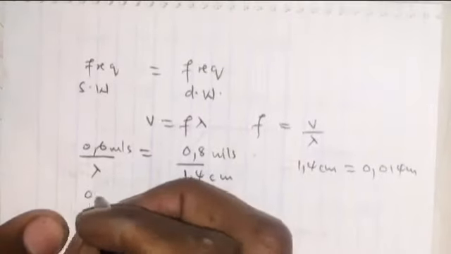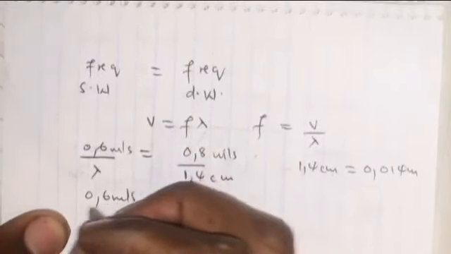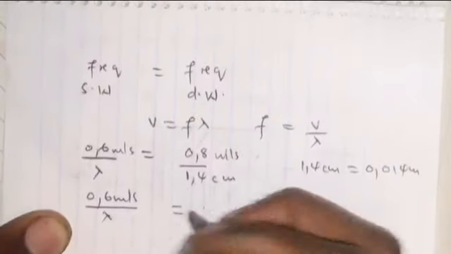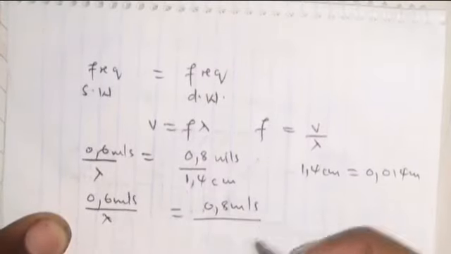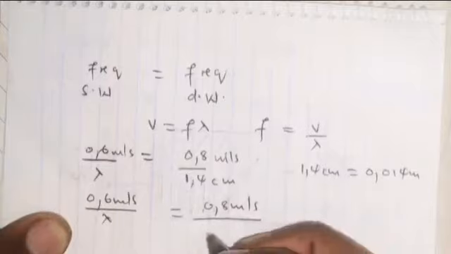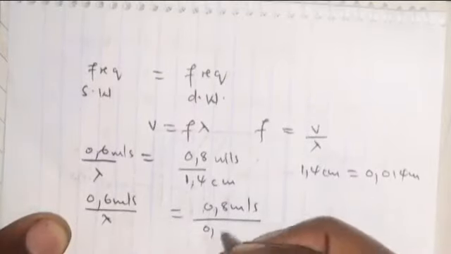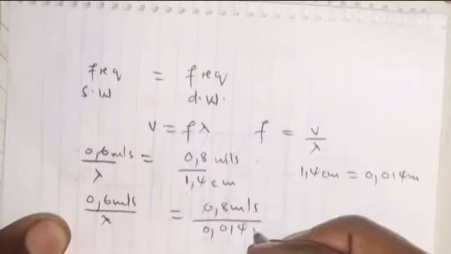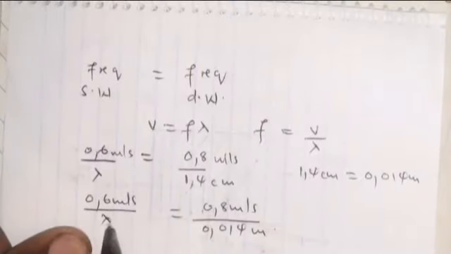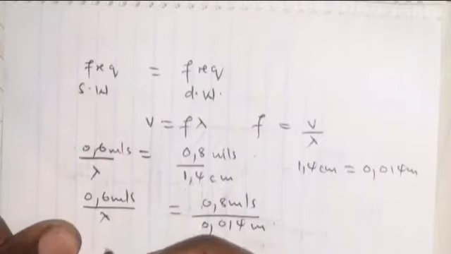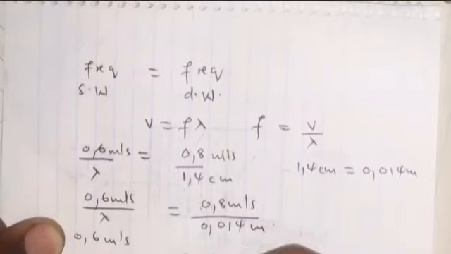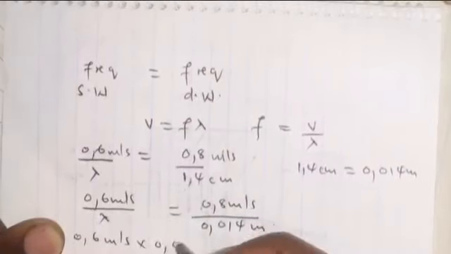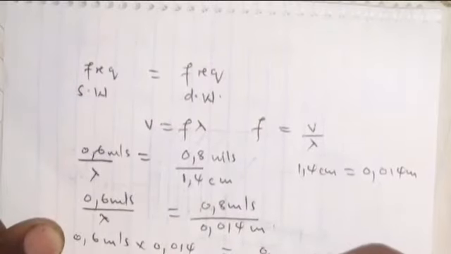So I'm going to have 0.6 meters per second over the wavelength here being equal to 0.8 meters per second over 0.014 meters, because we are dealing with meters, not centimeters. Then, cross multiplying here, I'm going to end up with 0.6 times 0.014 being equal to 0.8 lambda.